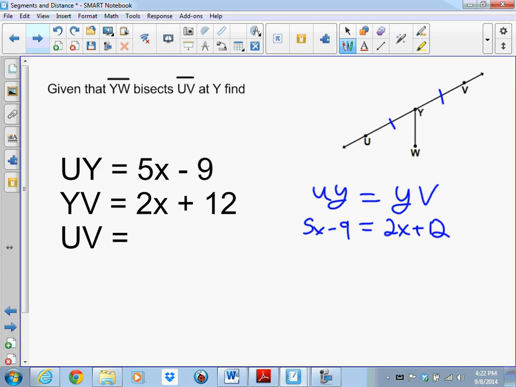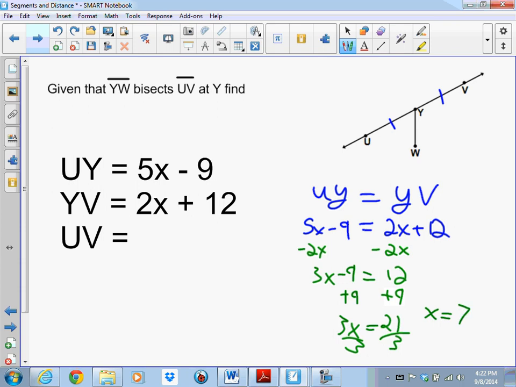We can solve this. Minus 2x, 3x is 21. Divide by 3. X is 7. All right, so we have our x is 7.